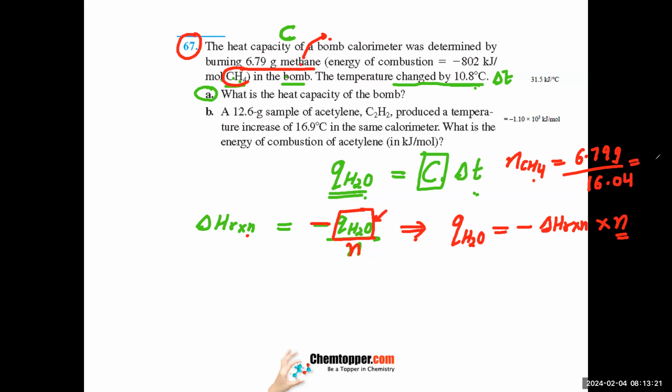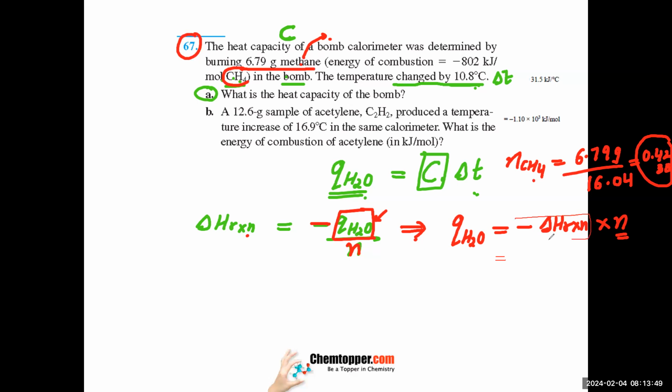I need the moles of methane which are undergoing combustion. 0.4233. Anyone doing calculation? I'm teaching, I'm doing calculations, I'm doing everything, children. I'm checking also whether you are doing it or not.